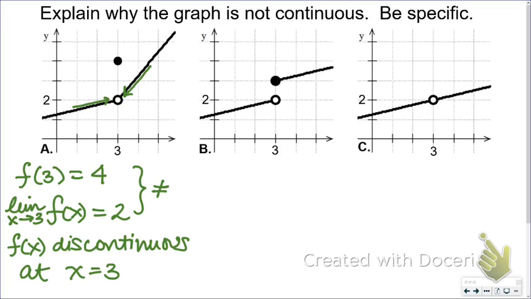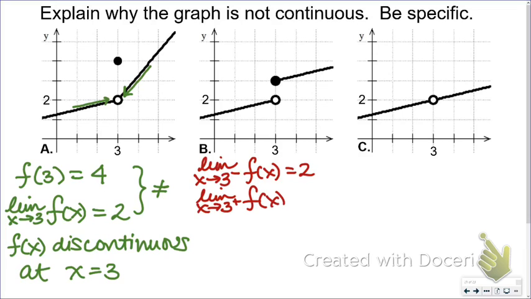The second picture. Is there a point? Yes. Is there a limit? Here we have that the limit as x approaches 3 from the left is 2, and the limit as x approaches 3 from the right is 3, and they are not equal.